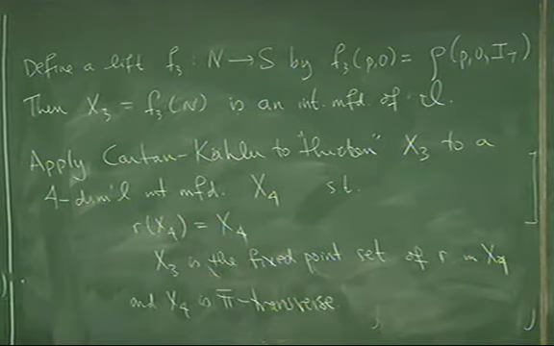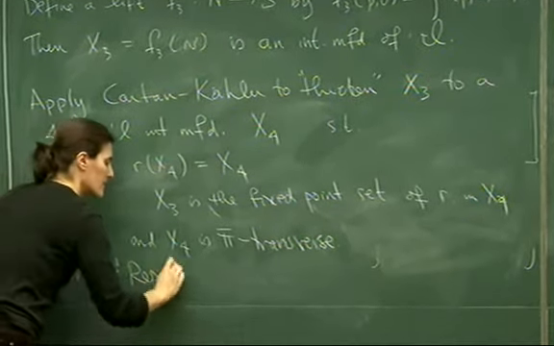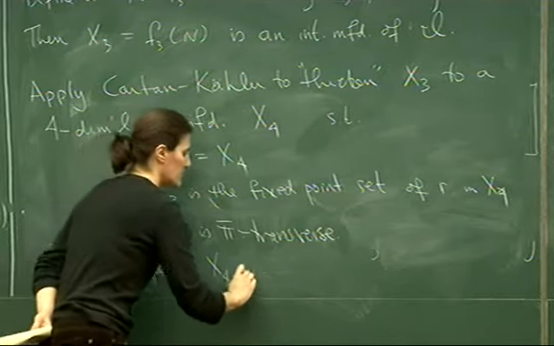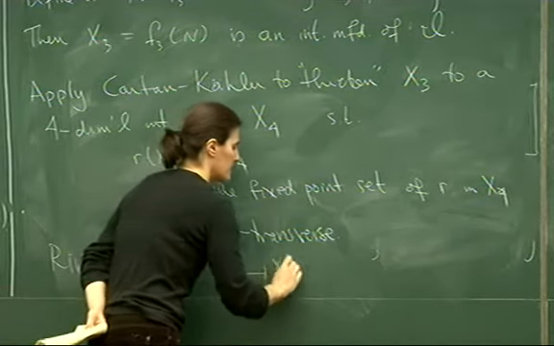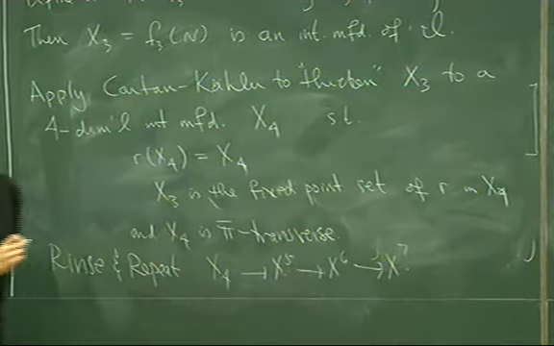Okay. Right. Then rinse and repeat. And you will just bounce your way up to an X5, an X6, and an X7.